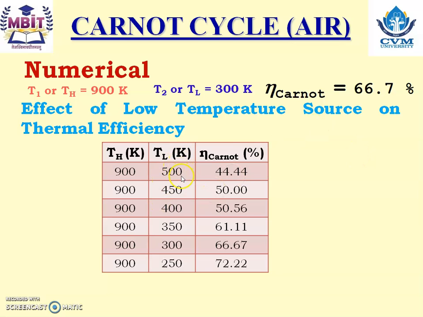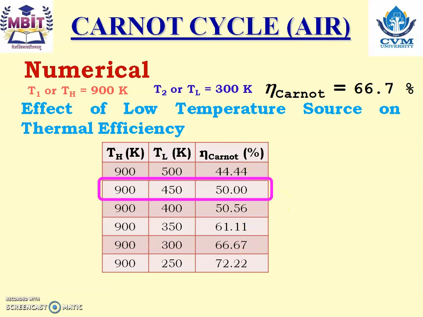And if the TL reduces, efficiency is 52, 50.56, 61.11, 66.67, 72.22. It means when the TL reduces, the efficiency of Carnot cycle increases.